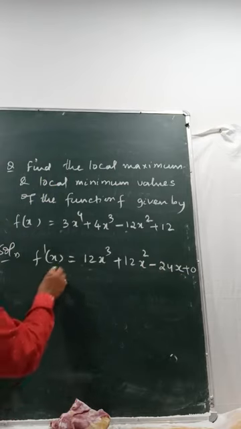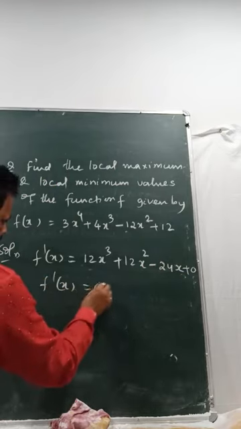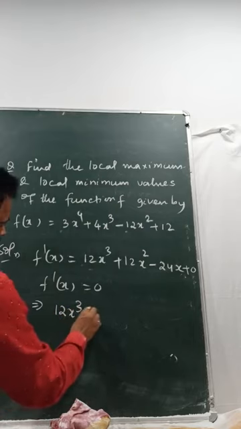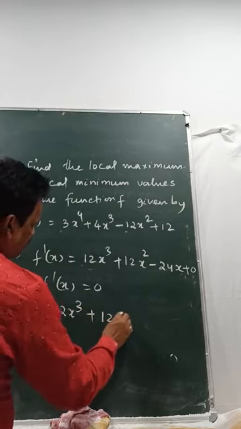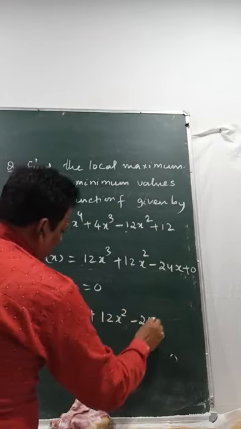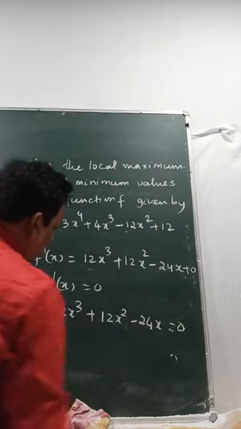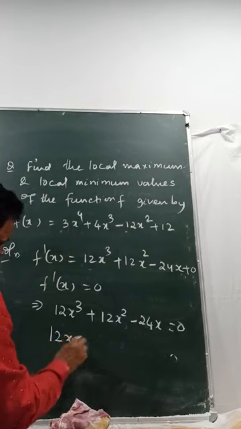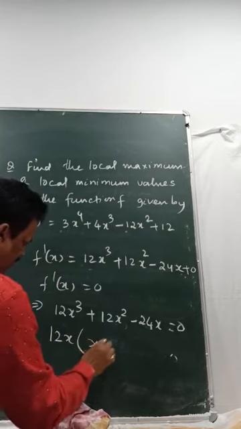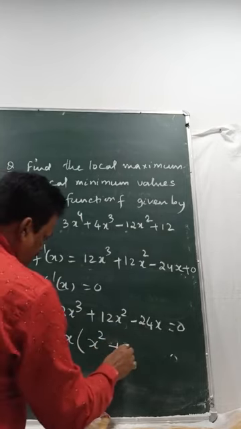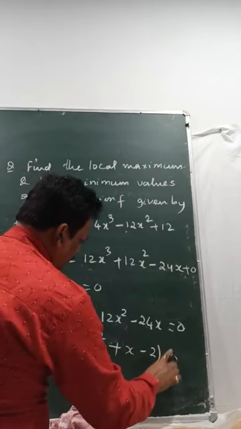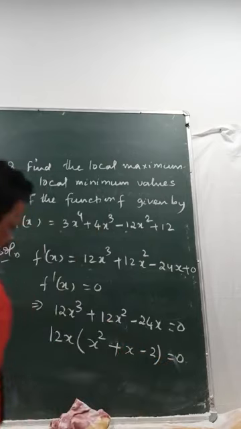Now put f dash x equals 0, implies 12x cube plus 12x square minus 24x equals 0. Try to simplify it. Take 12x common: x square plus x minus 2 equals 0.